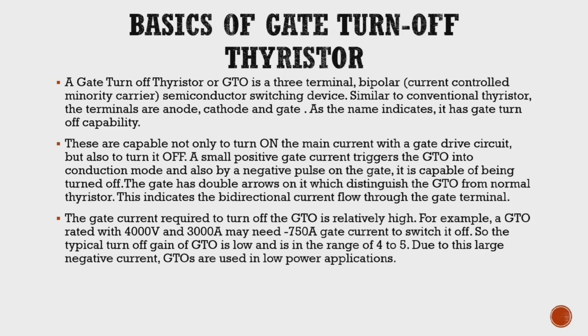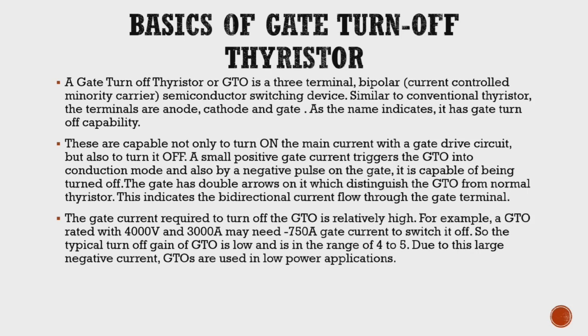A small positive gate current triggers the GTO into conduction mode, and also by a negative pulse on the gate, it is capable of being turned off. The gate has double arrows on it which distinguish the GTO from normal Thyristor. This indicates the bidirectional current flow through the gate terminal.